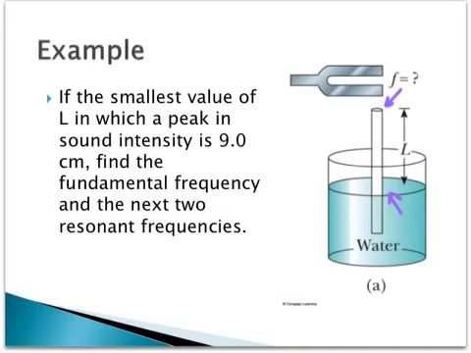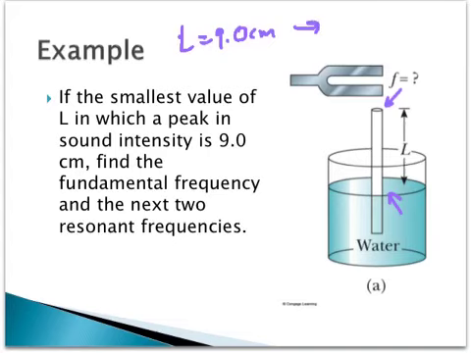In this problem it says the smallest value of L at which a peak intensity occurs is 9 centimeters. So when L is equal to 9 centimeters, that is the smallest length at which you are getting an increase in the intensity of sound. This is where you are getting your first interference of sound.